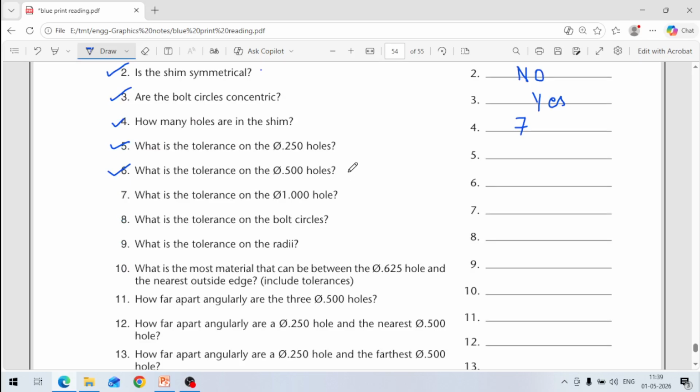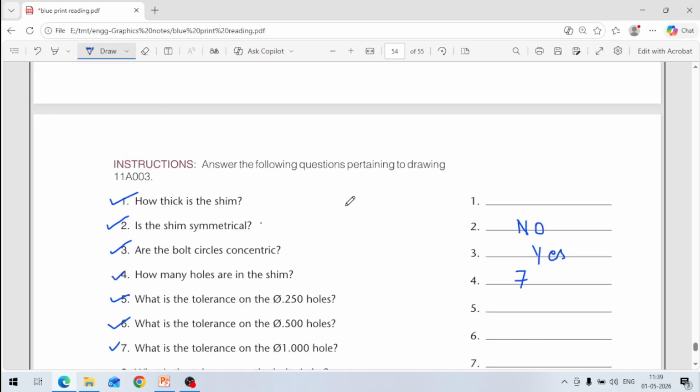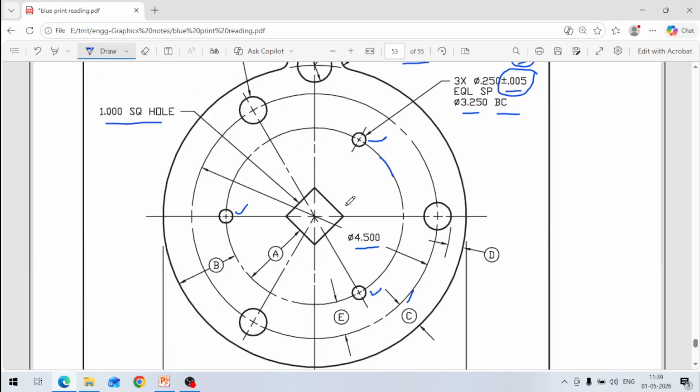Okay. So next question is, what is the tolerance on dia 1.000 square? Which is 1.000? Okay, this square. 1.00 square. What is the tolerance?